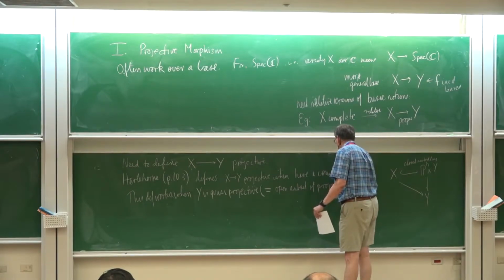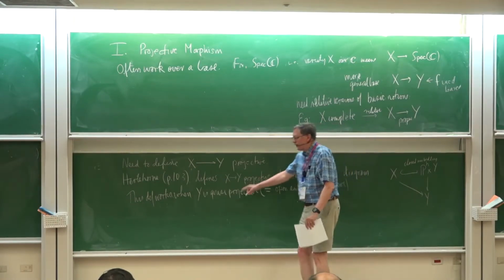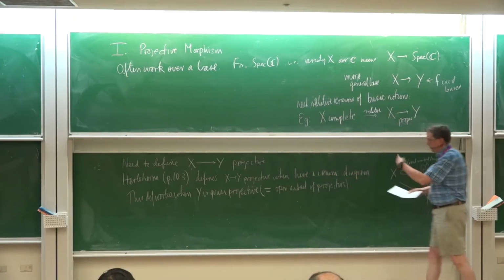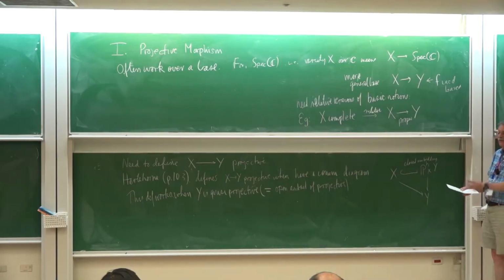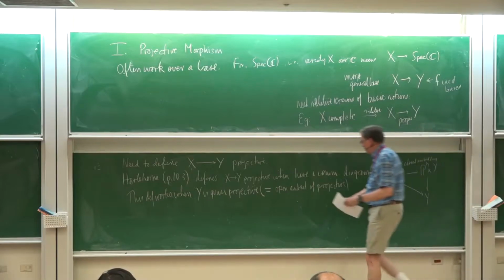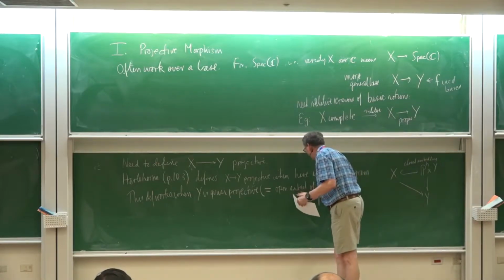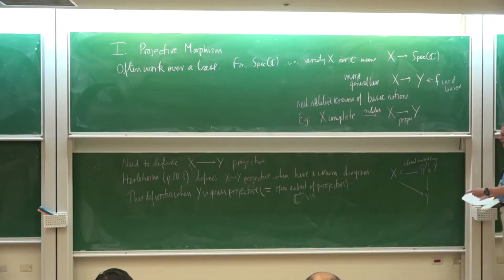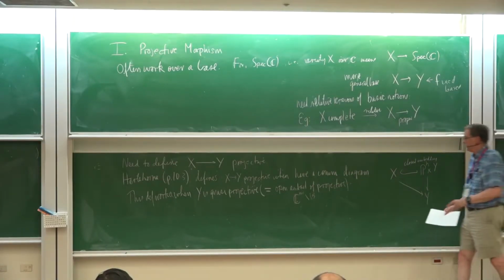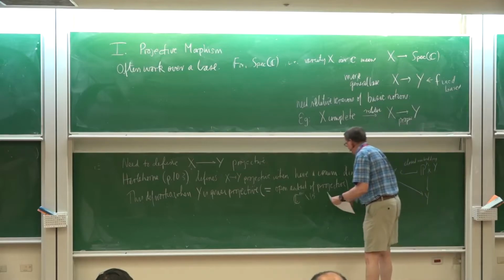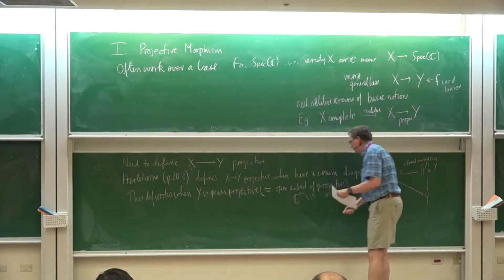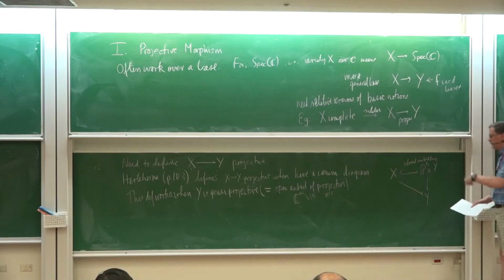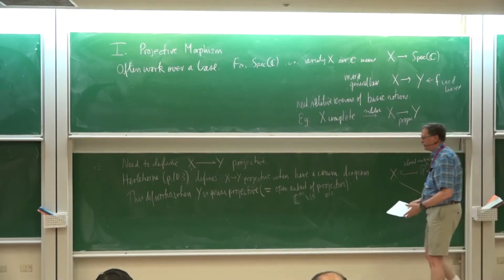So this is a class of varieties that includes projective varieties, includes affine varieties, and includes, for example, affine space minus the origin, that's the guy we built projective space out of. That's not affine, assuming that n is bigger than 1, and it's not projective, but it's perfectly good quasi-projective.